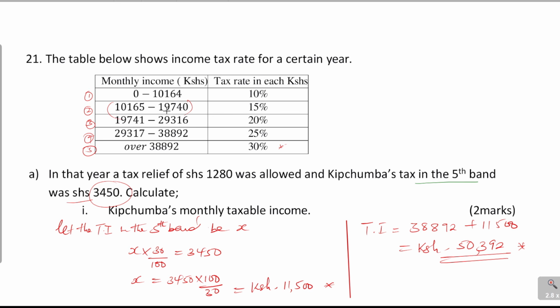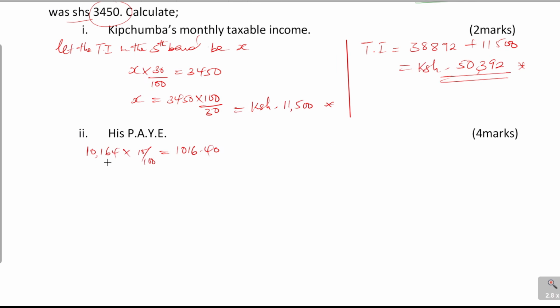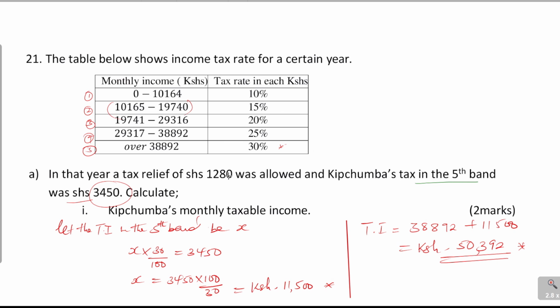So we take 19,740, subtract 10,164, and that will give 9,576. The second band is taxed at the rate of 15%, and this one should give 1436.40. We go to the third band.